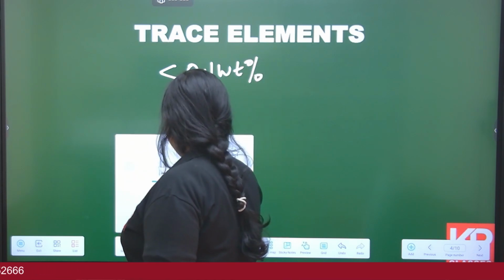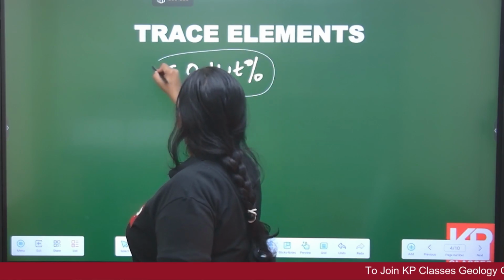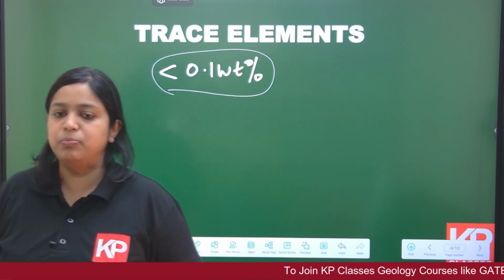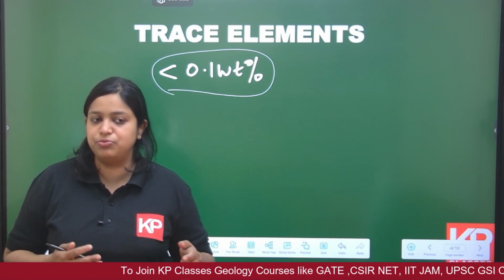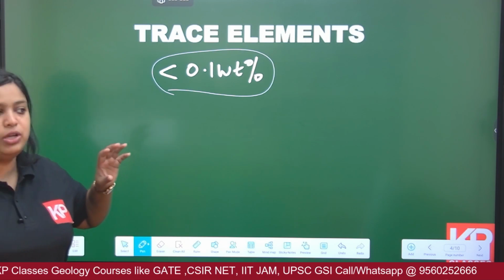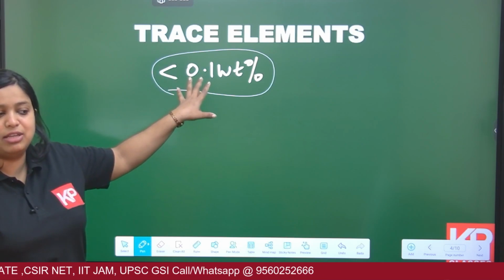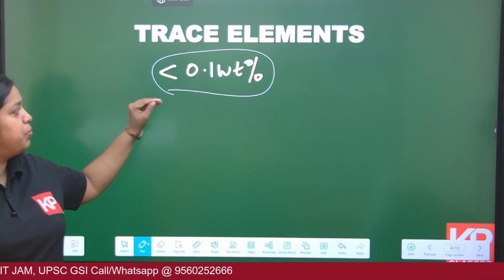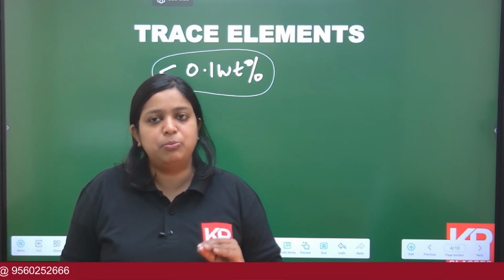The elements that make up less than 0.1 weight percentage of the rock are called trace elements. So even though the amount present in a rock is much lesser, trace elements being only less than 0.1 weight percentage, their application is much higher.